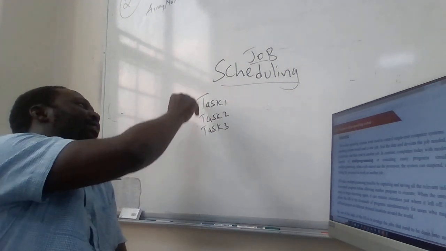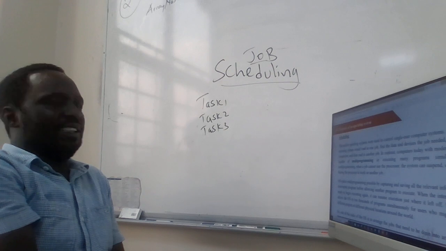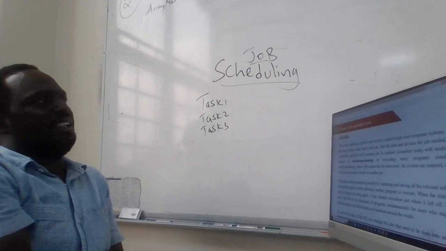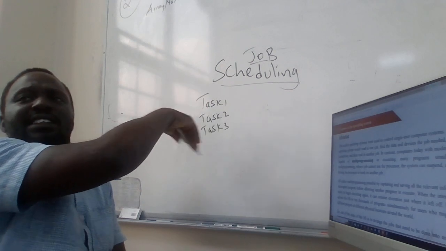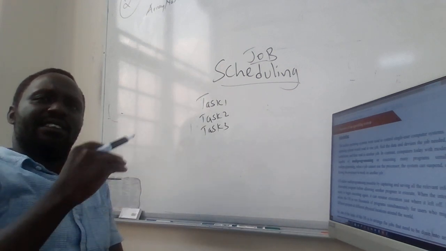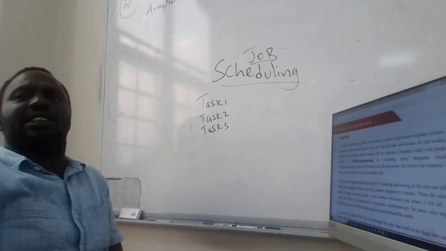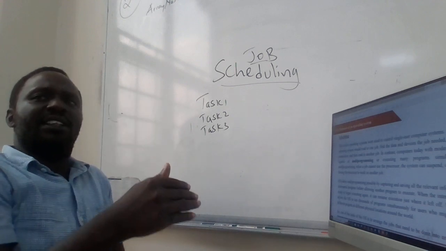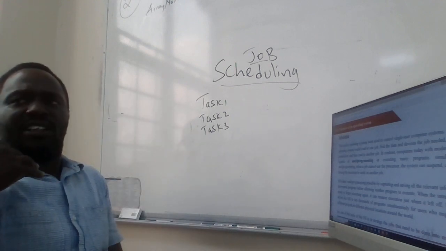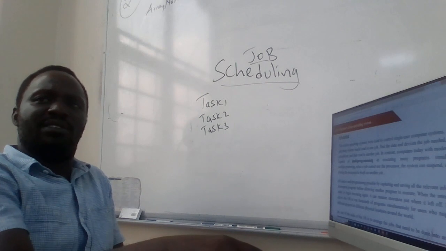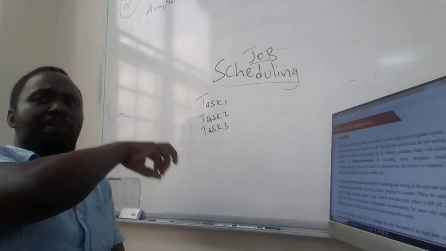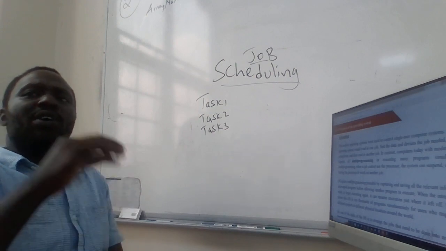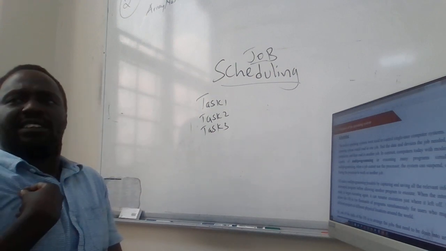So now here, if I'm having 3 tasks that have to be done, then the operating system must come in and say, okay, how can I arrange these tasks? So that the processor knows that I should begin with this one, I should end with this one, I shouldn't do this one right now. Are you getting me? Basically, the processor is trying to know which job should I do first?